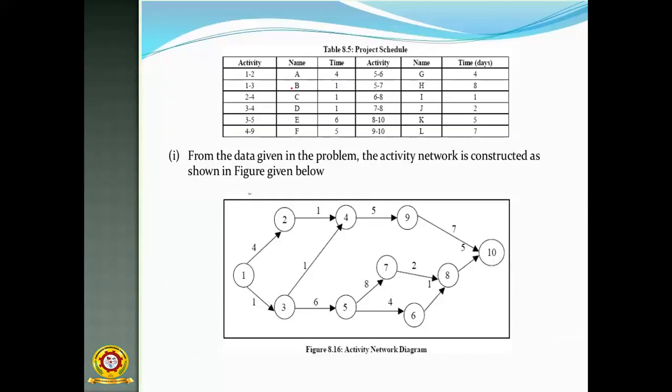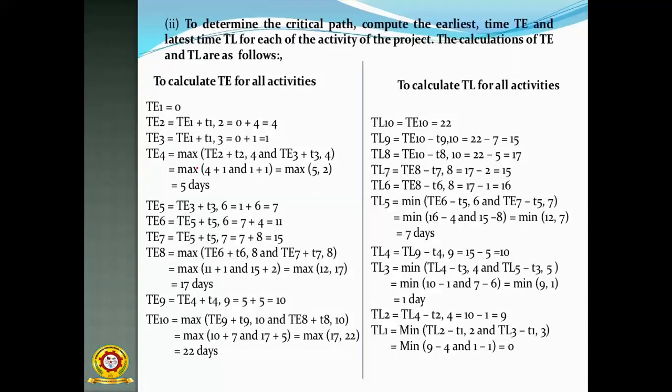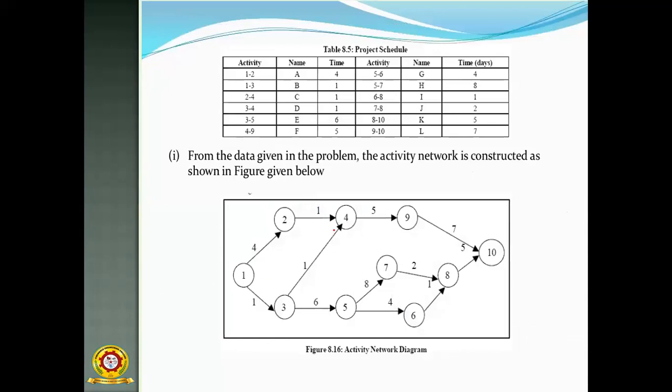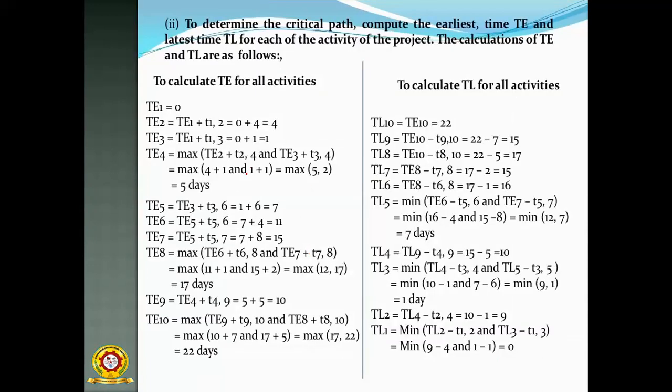Then TE4. How do you find TE4? For TE4 there are two alternatives. The fourth activity is connected with two activities, one is 2 and another one is 3. That's why we have to take the maximum of these two: TE2 plus T2 and TE3 plus T3.